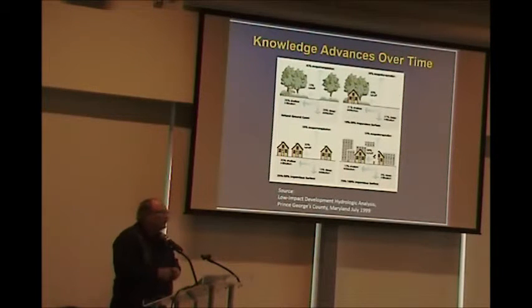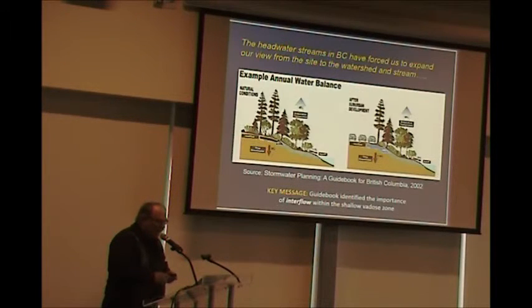There's also 25% shallow infiltration. That's your interflow. It's not really well stated here, but that's what it is. The guidebook went a bit further in 2002, and it actually started looking at the interflow. It's shallow subsurface flow.